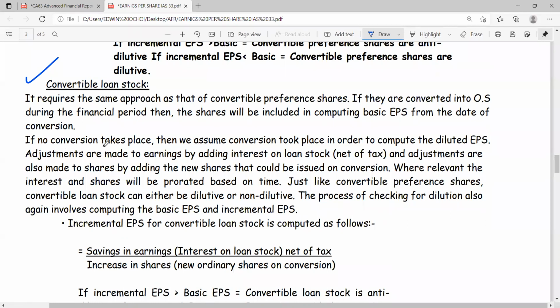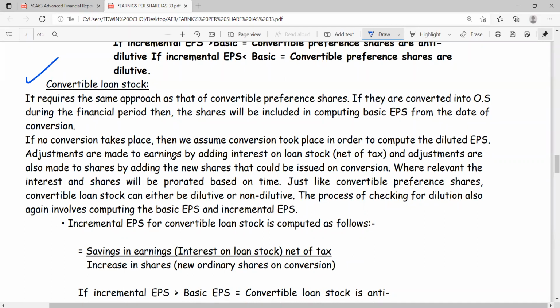If no conversion takes place, then we assume conversion took place in order to compute the diluted EPS. The main thing: are they convertible? Yes. Were they converted? No. We don't use them under basic. What about diluted? We assume that they were converted. We use them.